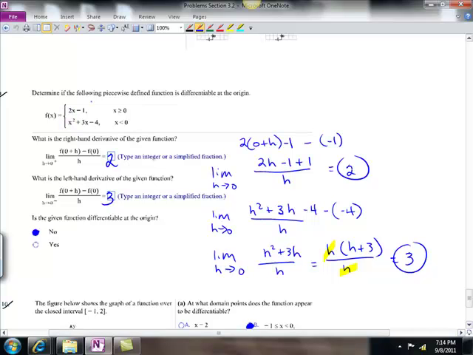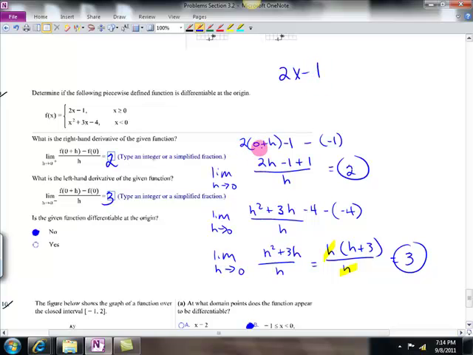Determine if the following piecewise function is differentiable at the origin. Okay, so all we're doing is, and it tells you over here, f of 0 plus h minus f of 0. You're saying, here's the function, 2x minus 1.